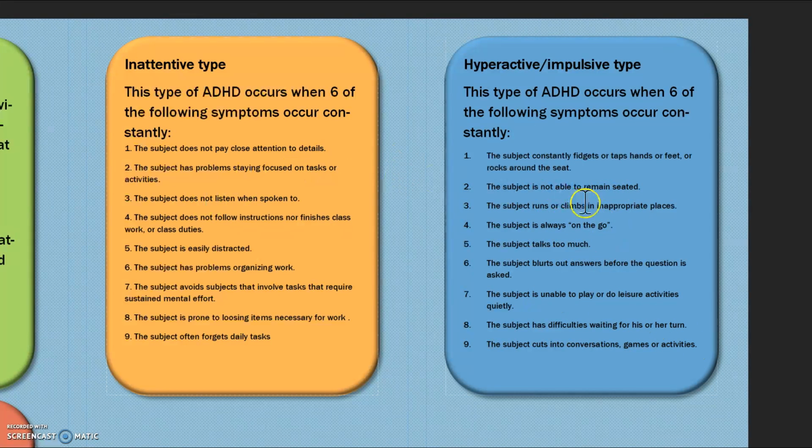So for both criteria, inattentive or hyperactive, we're seeing 9 different criterions within the criteria. If the child is showing all these different things at the same time, then that child could be diagnosed as the inattentive type of ADHD.